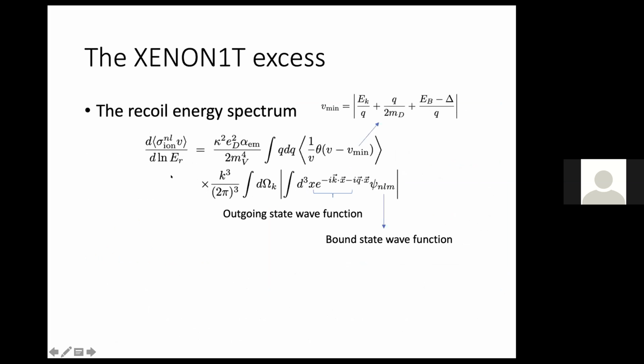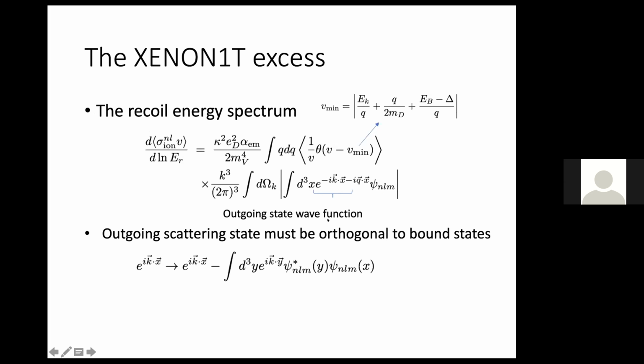The recoil spectrum is determined by these factors, basically a velocity distribution and these form factors, which describe how the dark matter interacts with the atoms to kick out the electron. This psi is the bound state wave function of the electron, and this e to the minus ikx is the plane wave approximation of the outgoing wave function.